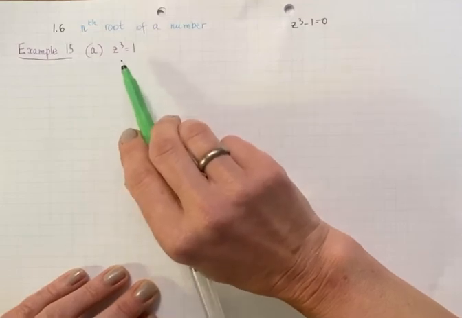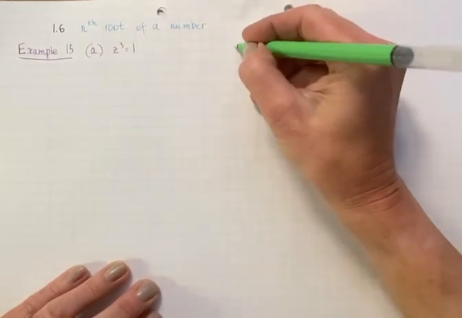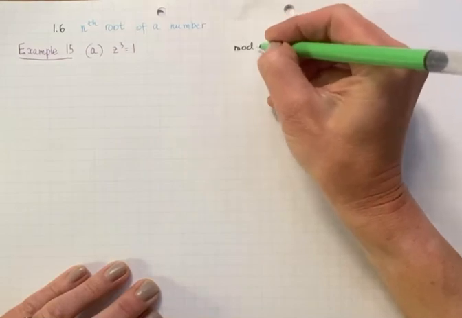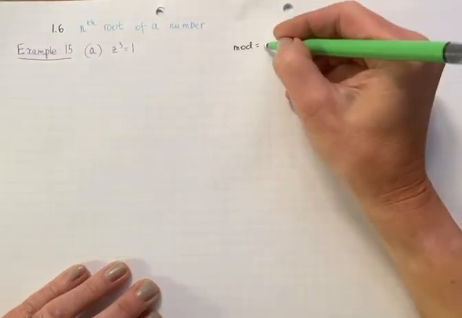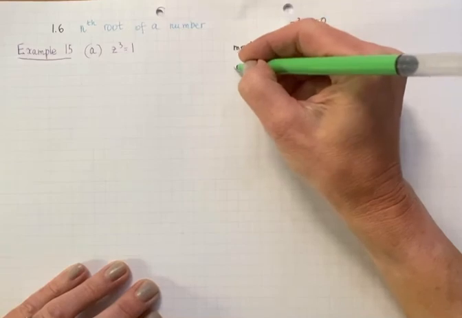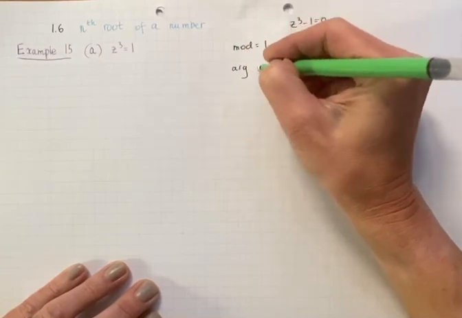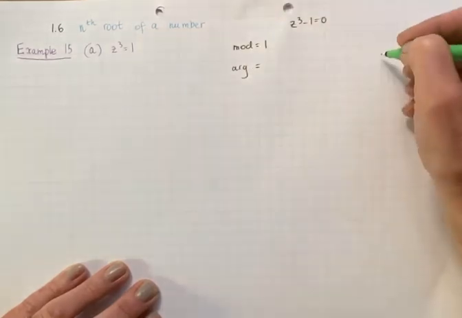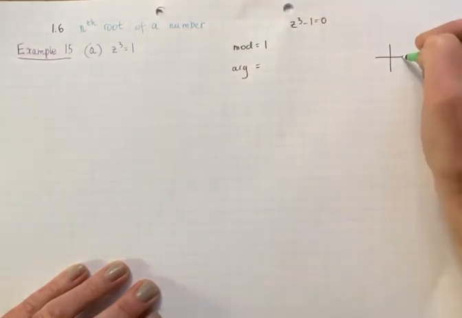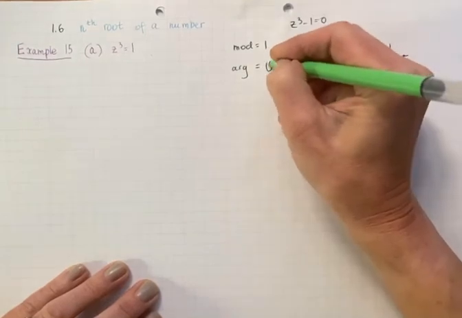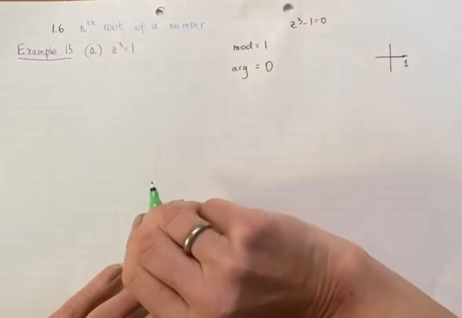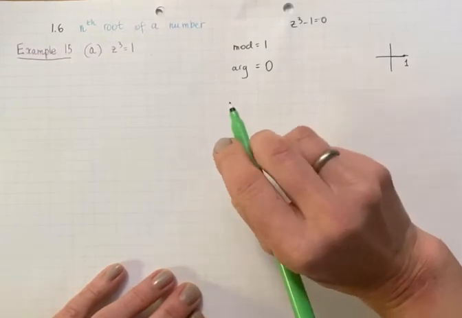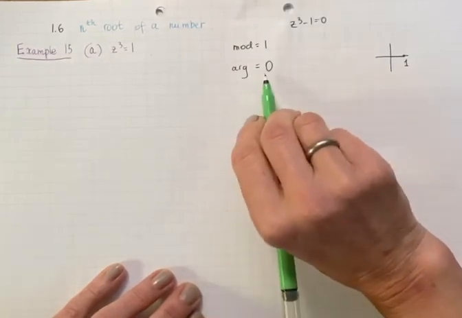So we need to find the modulus of that number, which is simply 1, and the argument of that number. This complex number is simply 1 on the real axis. The angle is 0 radians or 0 degrees, but we're going to use radians.